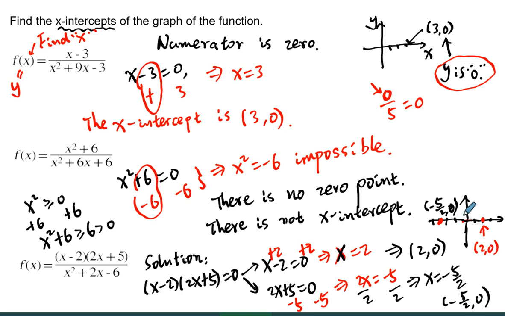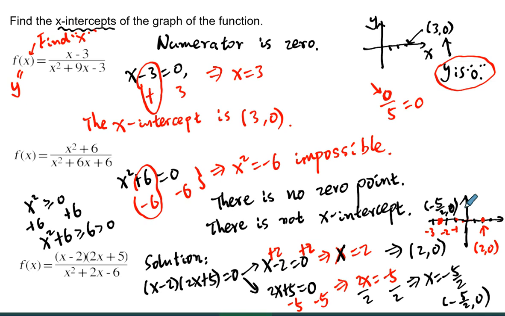And let's say here is 1, 2, negative 1, negative 2, negative 3. So here is like negative 5 over 2, 0 for this point. So you should have what? 2, 0 here. Negative 5 over 2 is negative 2 and another 0.5. Okay?